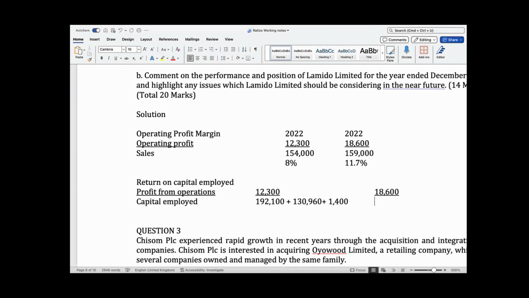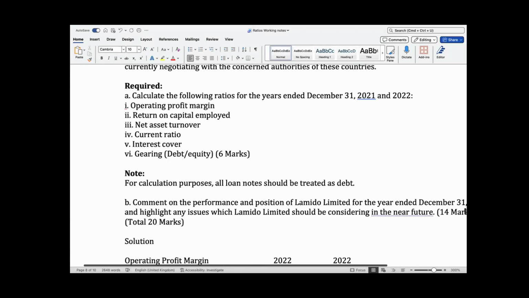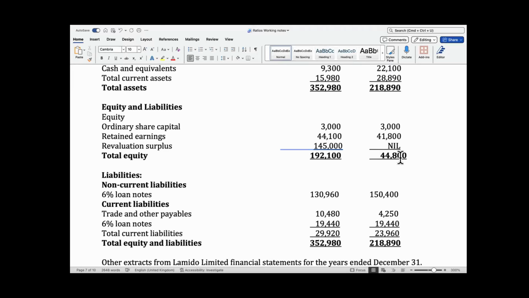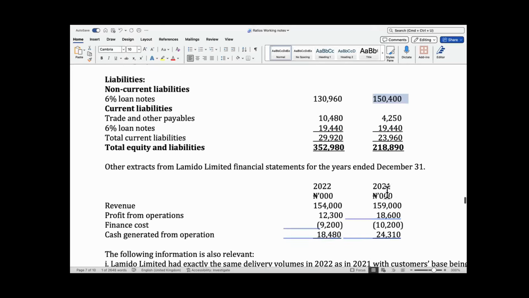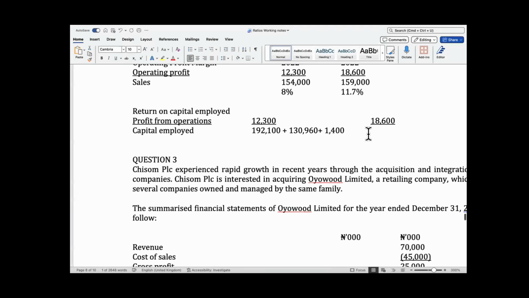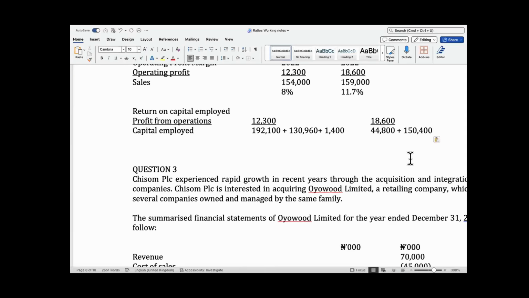Having established this, in 2021, this is 44,800 plus 150,800.